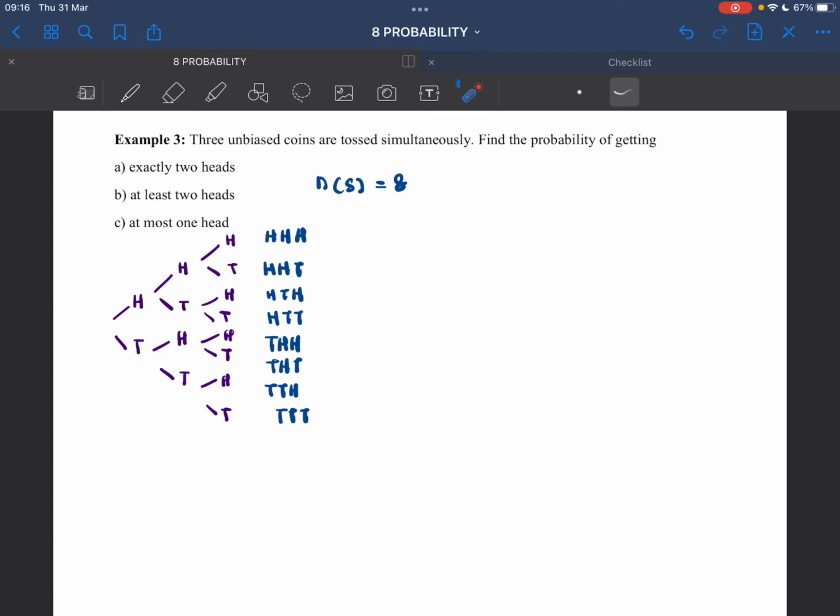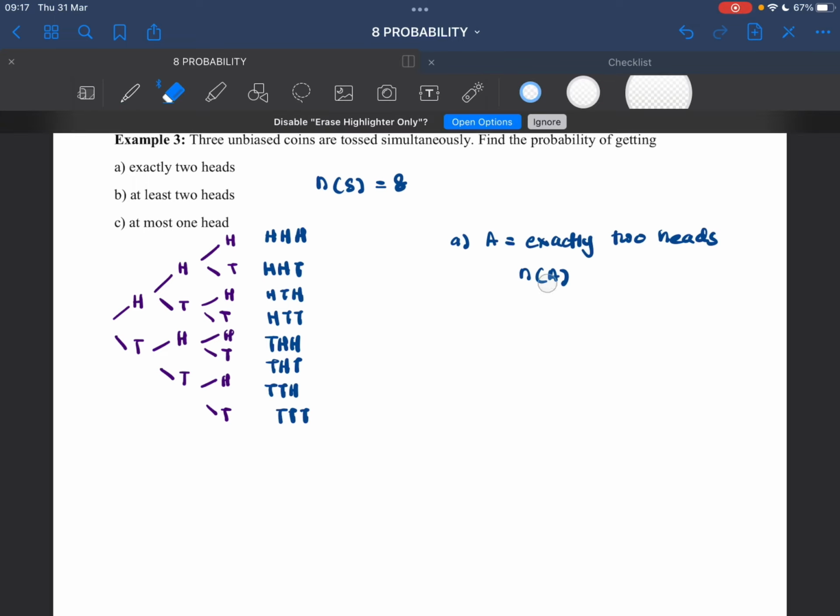Then we go to the question. The first question said exactly 2 heads. So we are going to let that be A. Let A be exactly 2 heads. So finding the number of the event, which is exactly 2 heads. Not exactly 2 would be this one, this one, this one.